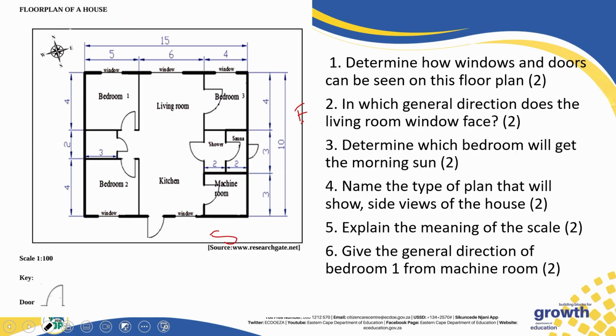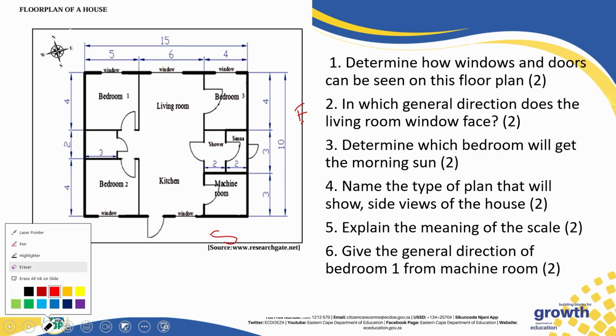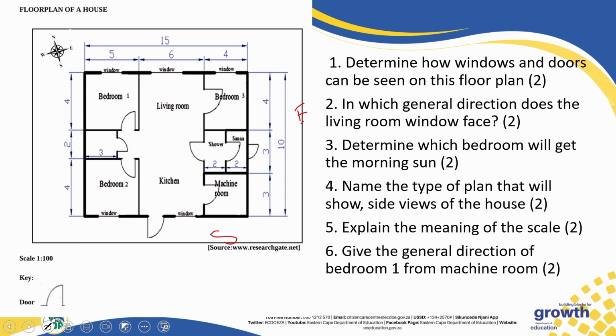Learners, look here. The question says, determine in which general direction the living room window faces. So as I've said, come here again. You make a small cross on the window there, following how this one looks. This is where the north is, this is where the east is, this is where the west is, and this is where the south is.